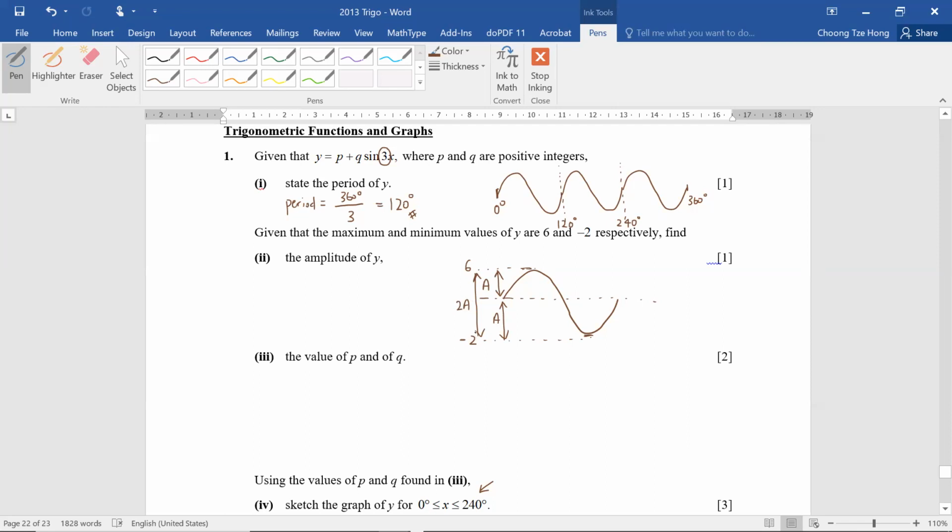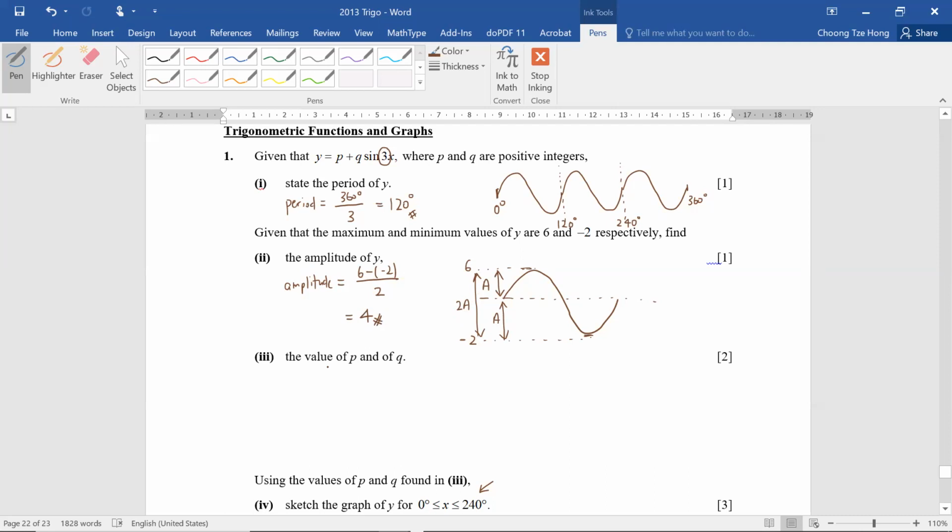To calculate this height, we take 6 minus -2, and then that will be 2 times the amplitude, then you divide by 2, so you get amplitude equals 4, right?